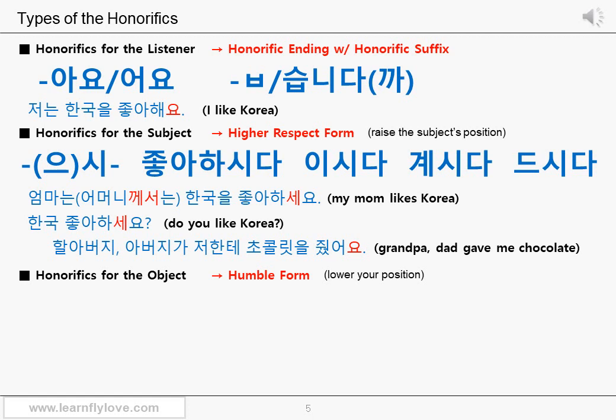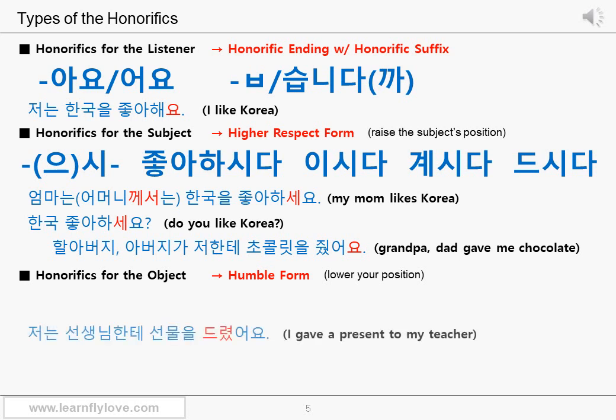This time, you need to lower your position in order to sound more polite to the object. It's different from higher respect forms, please remember. The higher respect form is used to show more respect to the subject by raising the subject's position. But the humble form is used to show more respect to the object by lowering your position and making yourself humble.